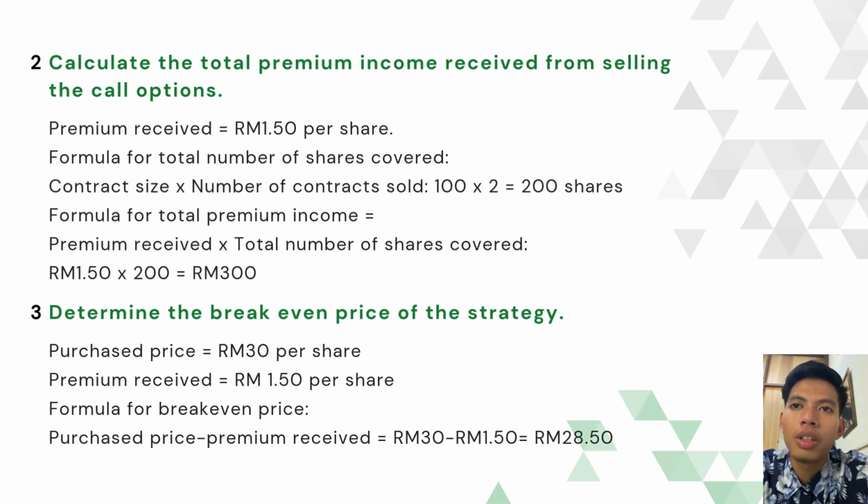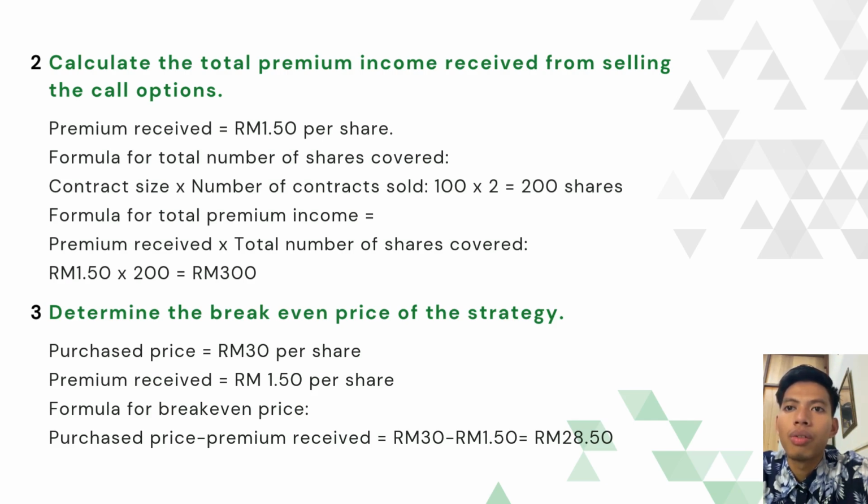For question number 2, calculate the total premium income received from selling the call options. As we know, the premium received is 1 ringgit 50 cents per share. The formula to get the total number of shares covered is contract size multiplied by number of contracts sold. The calculation will be 100 multiplied by 2, and the answer we get is 200 shares.